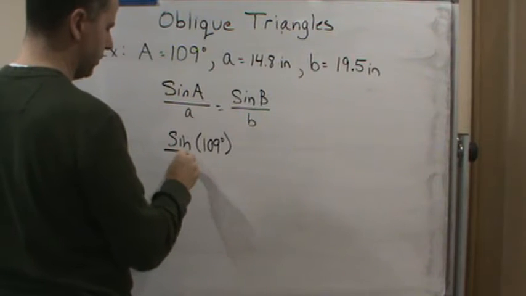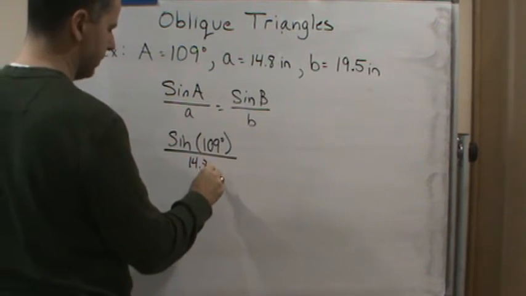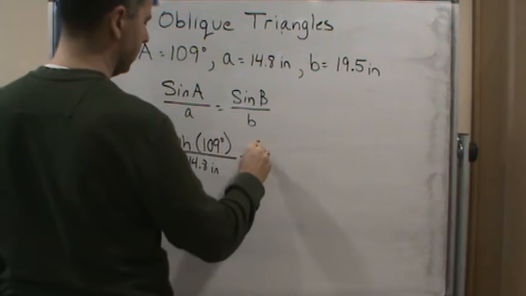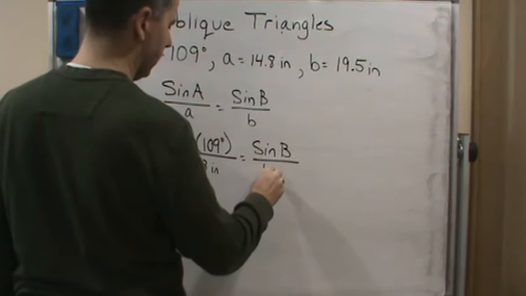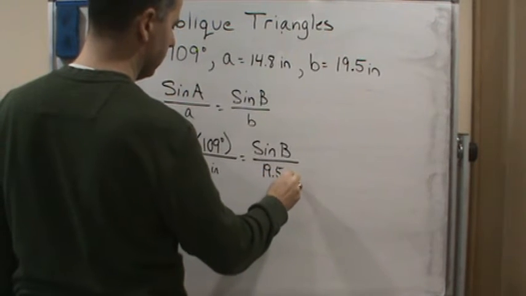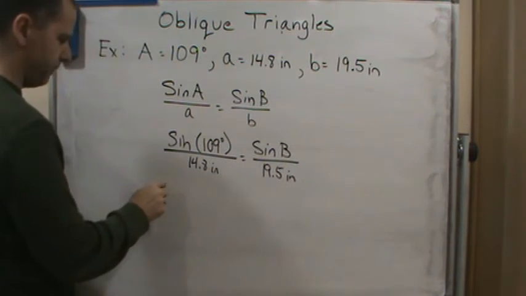Make sure your calculator is in degrees. Over 14.8 inches equals sine B over 19.5 inches. So now I'm going to multiply both sides by 19.5.